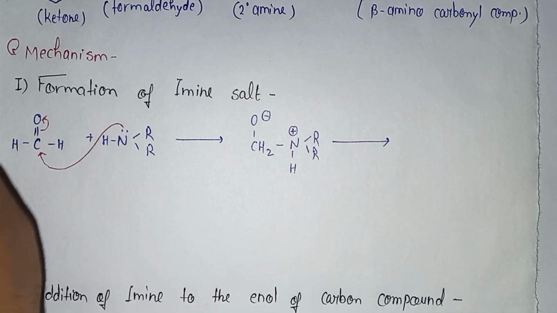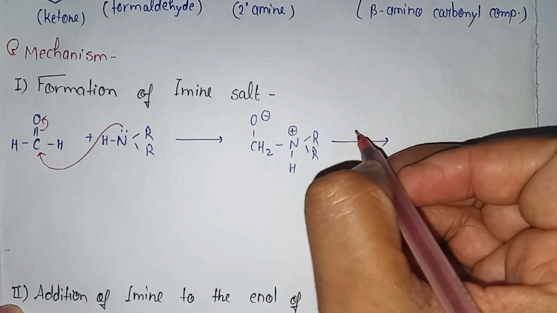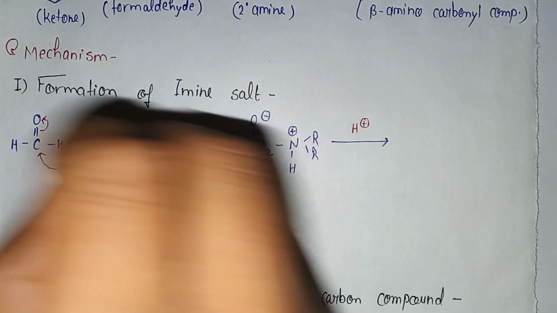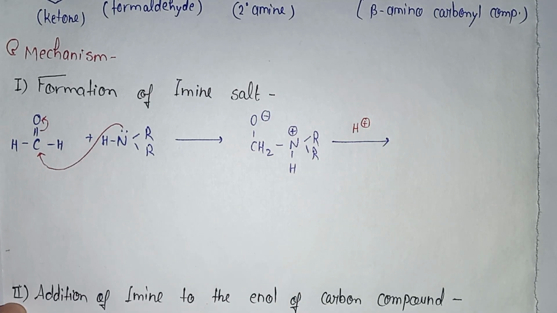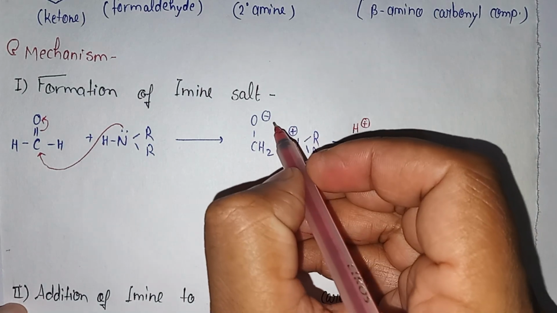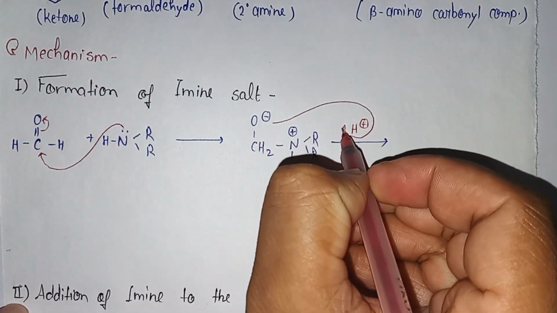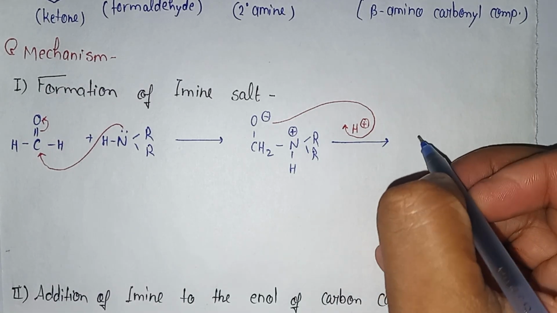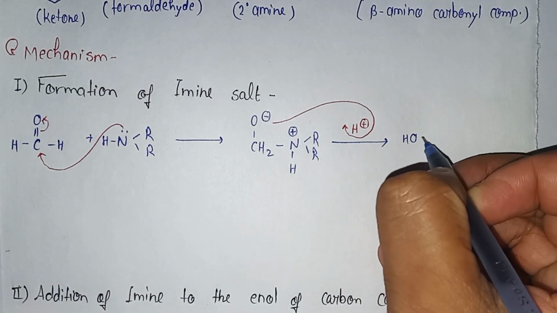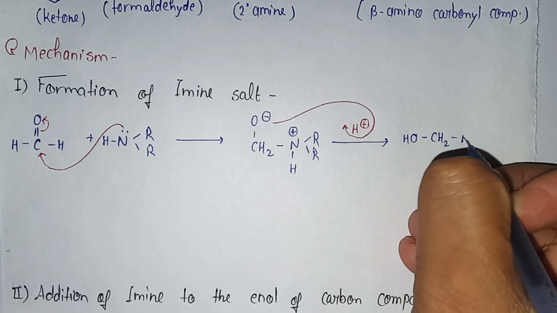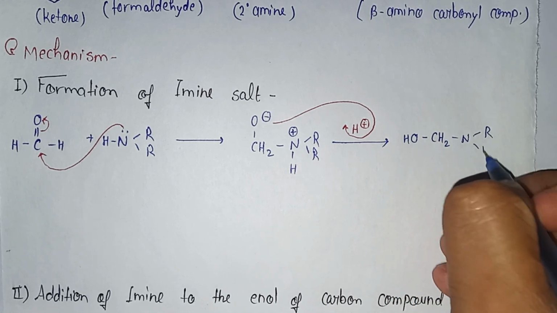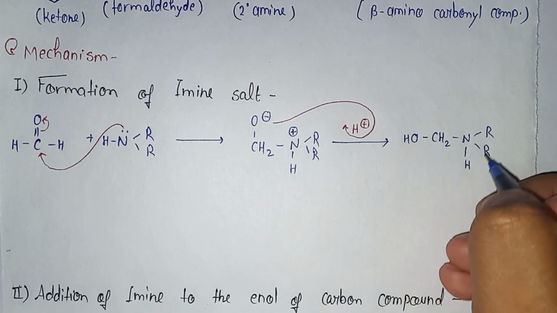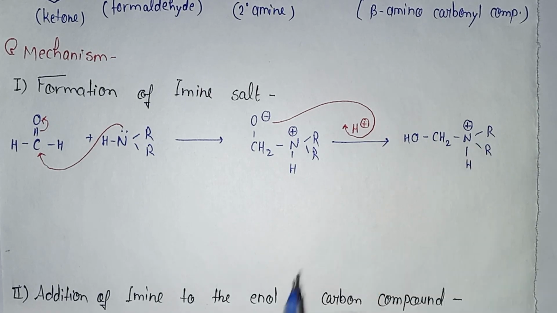Then the acid gives the proton, and this proton is abstracted by this oxygen and attached to it. So OH CH2 N R R, and this is H positive charge.